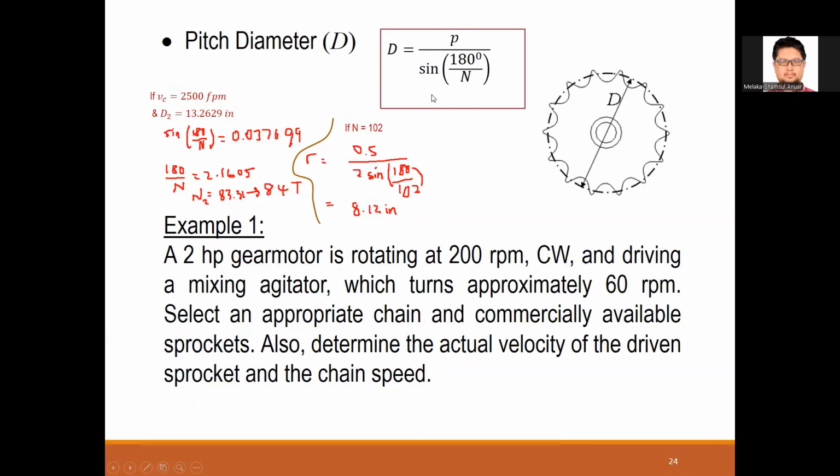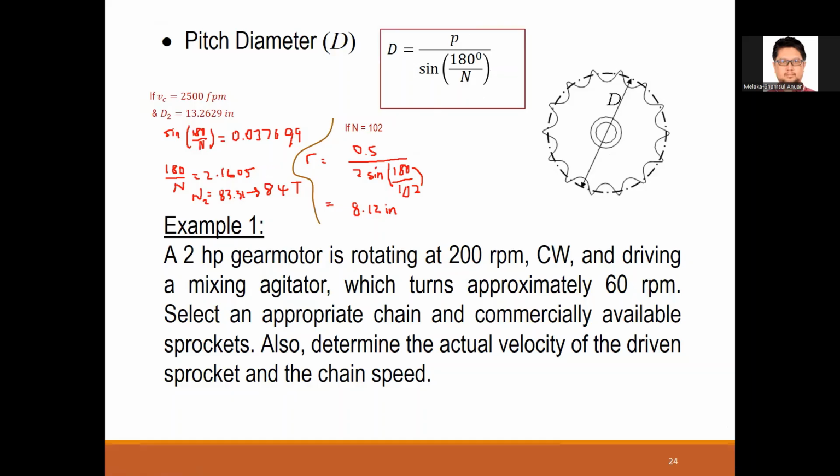Okay, this is also another important part. Since you choose by the number of teeth, you also need to know what the pitch diameter is. You can convert it from here. Put in the number here, say 80 teeth, say the pitch is 1 inch, and you can get the diameter in inches.